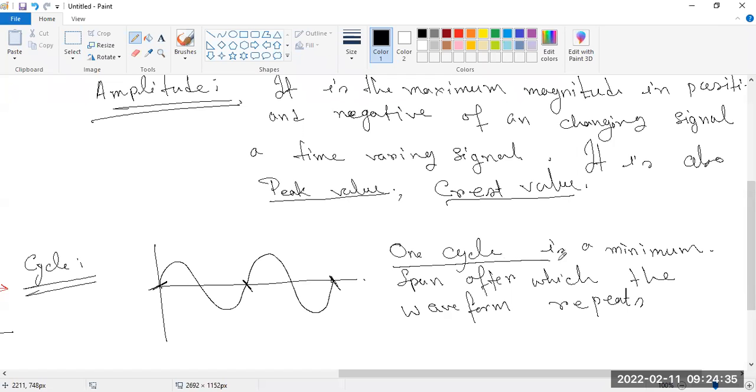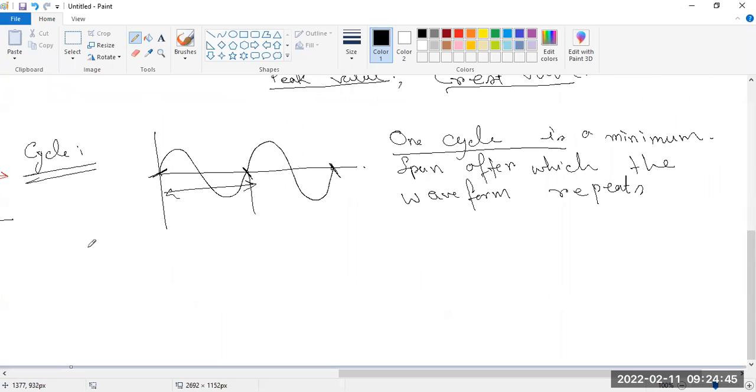This is one cycle: the minimum span after which the signal is repeating. But sometimes for modulation purposes, if this type of signal is coming, is that one cycle?